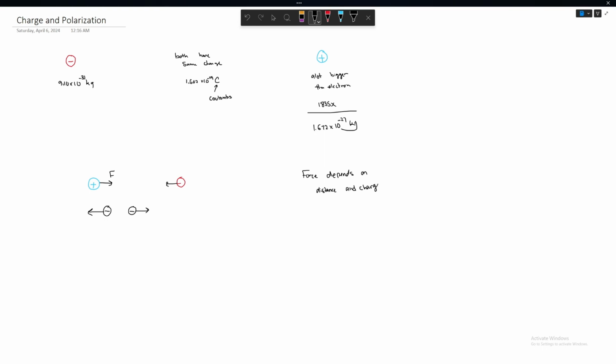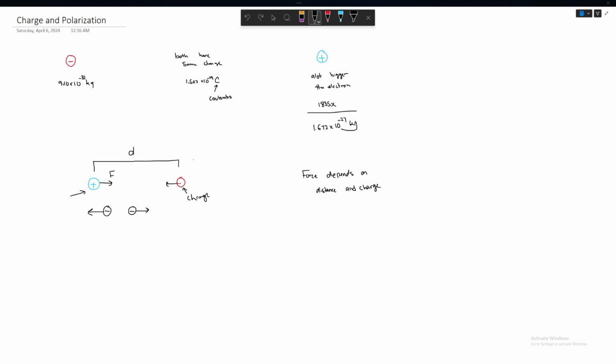So the distance between them and the charge each one has. Well, each one is the same charge like we said earlier. What if I have two of them? Right now the charge on this side is more than this side. So the force is going to change. Alright? So that's the basics.